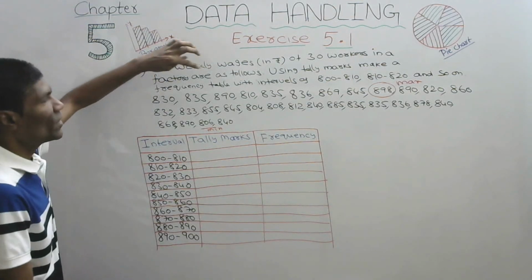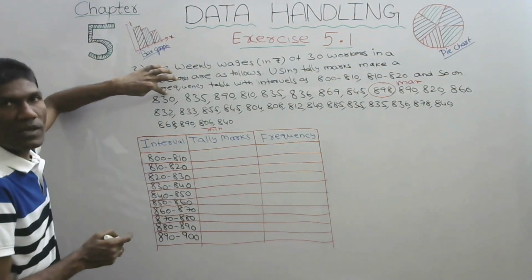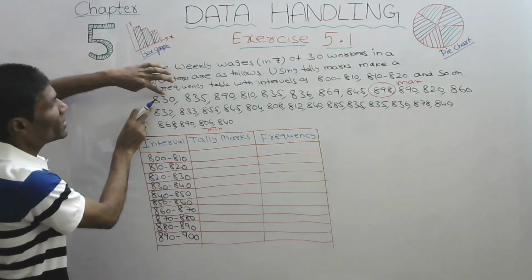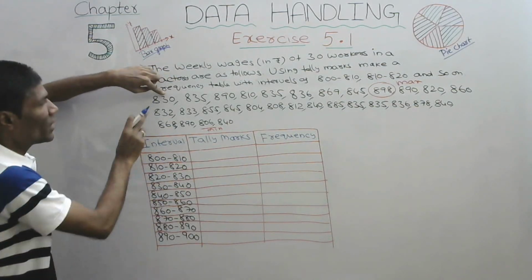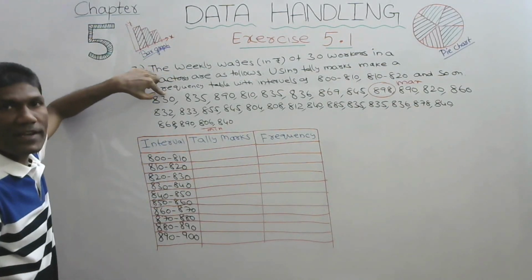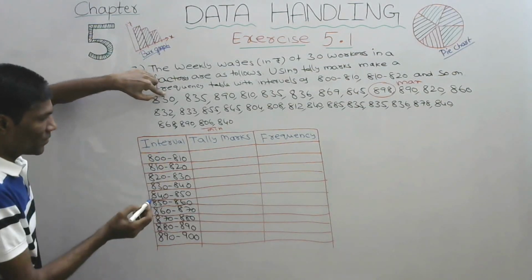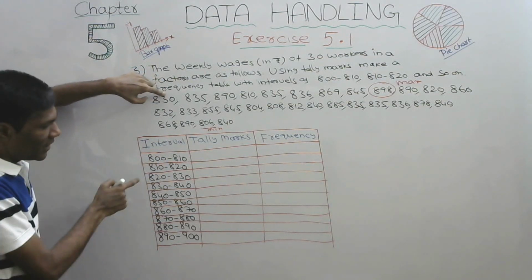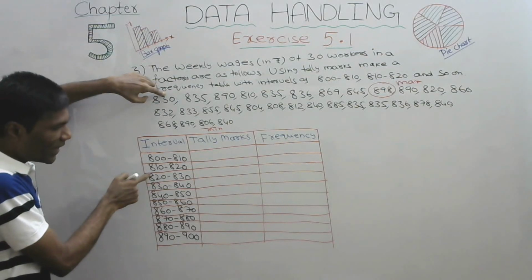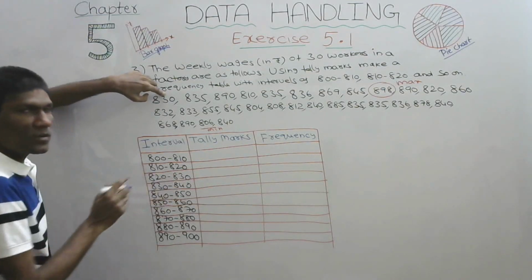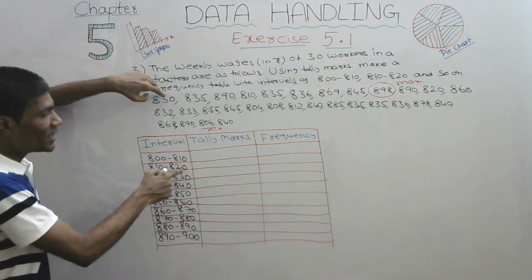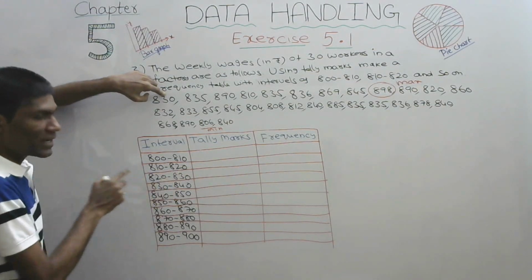In this case, we have to see one by one. The first value given is 830. Now we have to see where 830 will fall. Now 830 is to be kept in 820 to 830 or 830 to 840. This 830 is there in both the intervals.